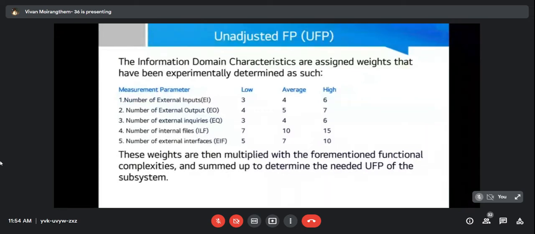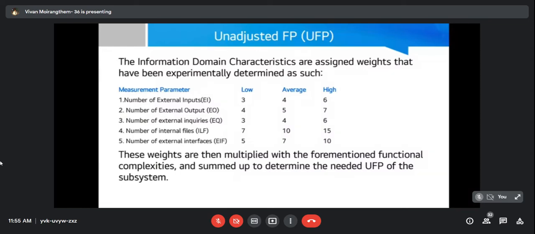After we get each of these individual results, we will add all of them, and that summed up value is our unadjusted function point. Now, since we have gotten our unadjusted function point, we have found one part of our final result.